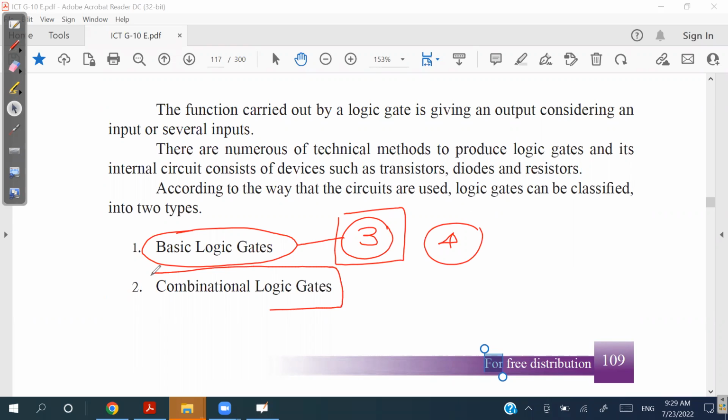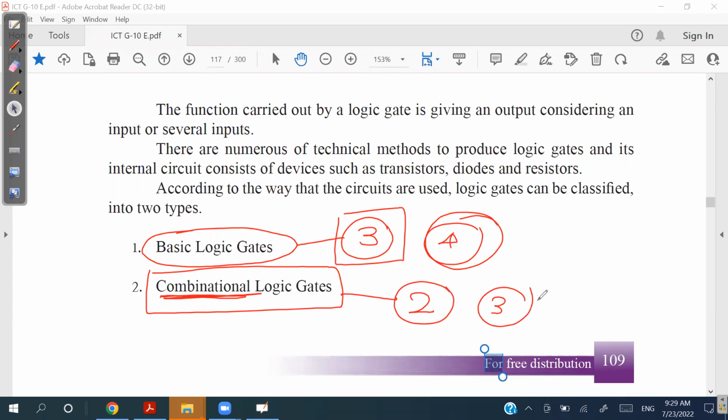And then the combinational logic gates are introduced. The word combinational gives you the sense that it is a kind of combining process. In your syllabus, you are introduced to 2, but actually there are 3. These additional ones you will learn if you do ICT for your A-levels.